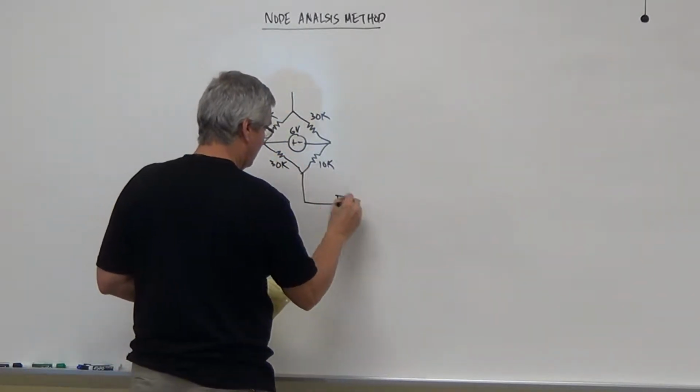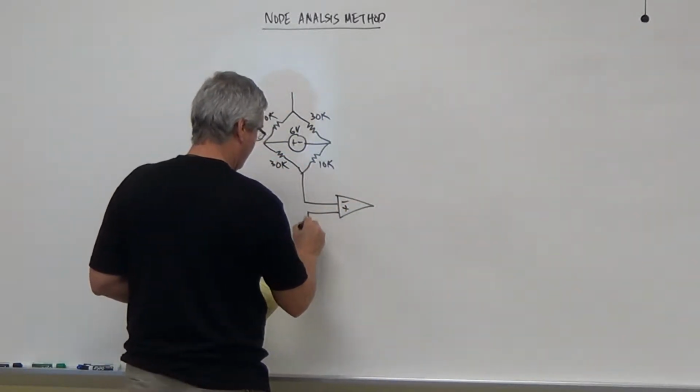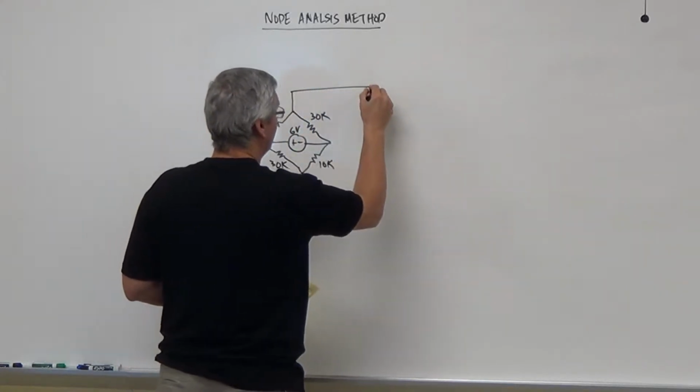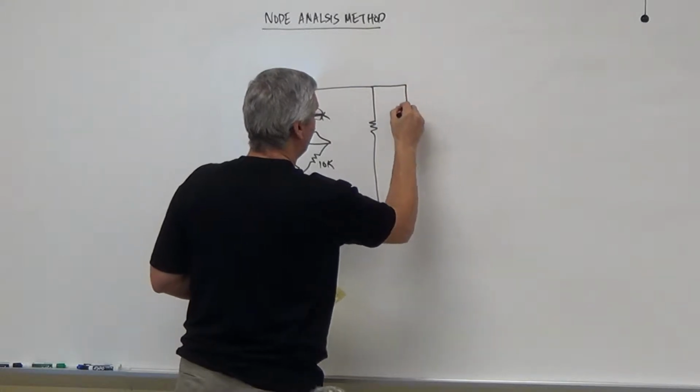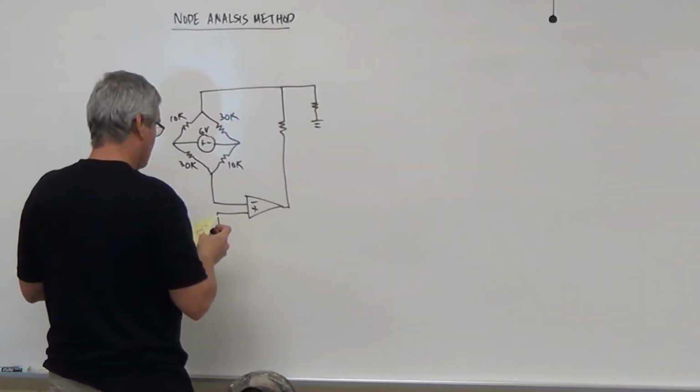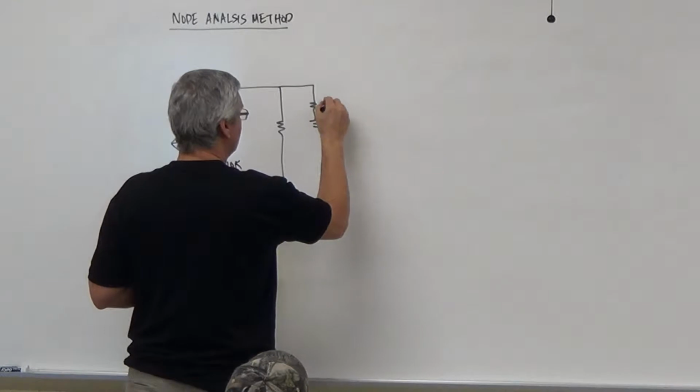Then we come down here. And then I have a resistor here. So then this becomes, I think this is a 10K and a 30K.